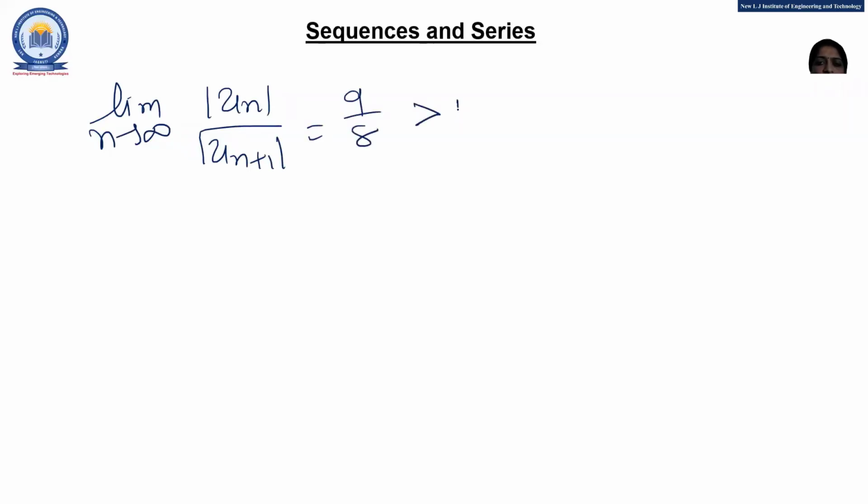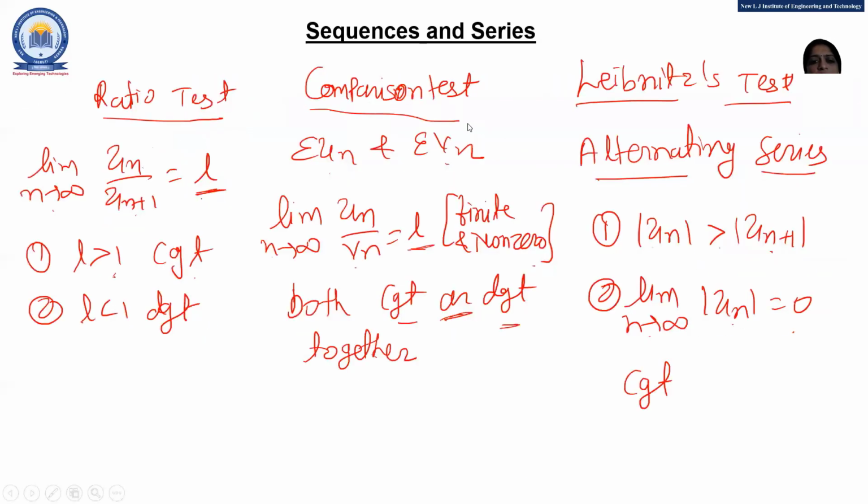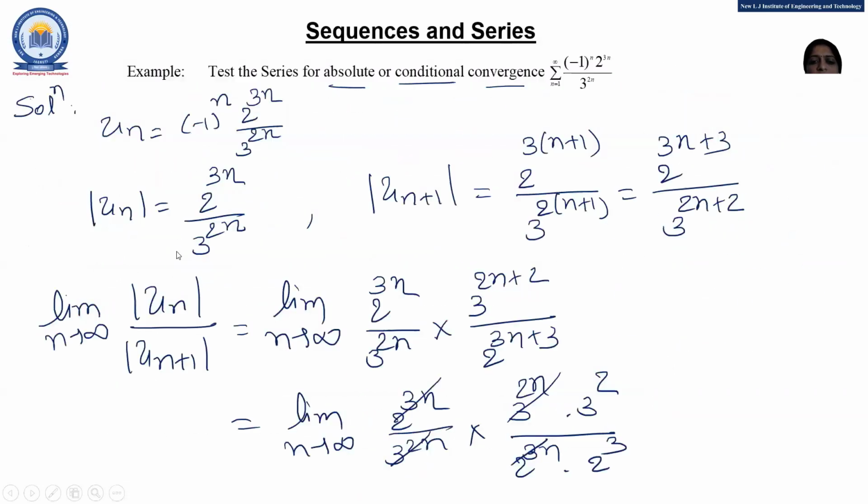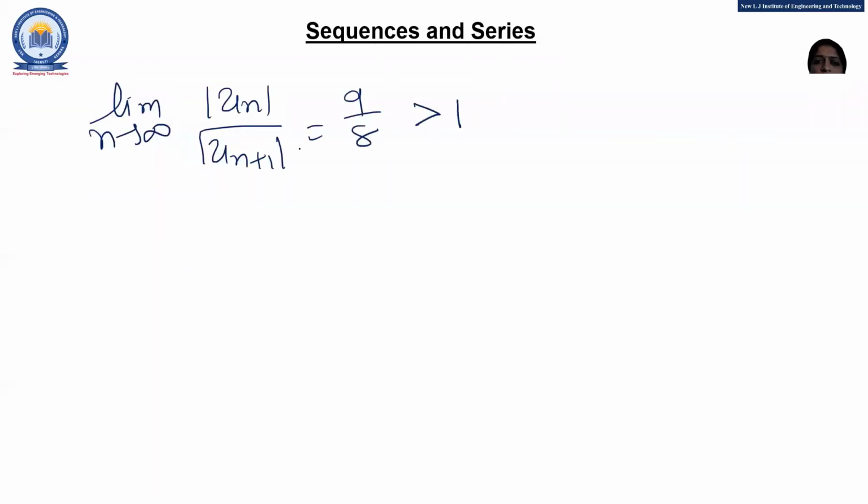So limit n tends to infinity mod un upon mod un plus 1 is 9 by 8, which is greater than 1. And as per the rule of the ratio test, if L is greater than 1, the given series is convergent. And we are checking for mod un now.